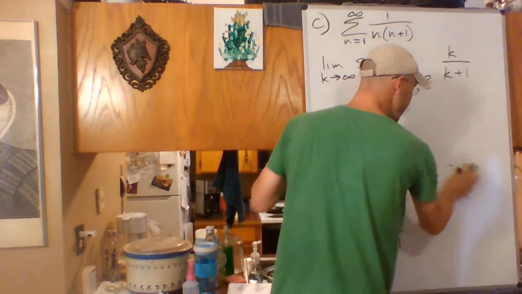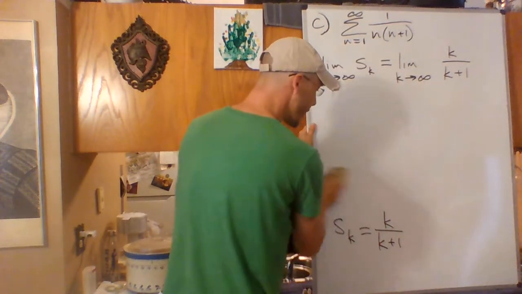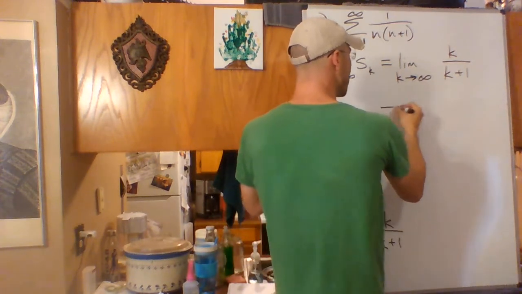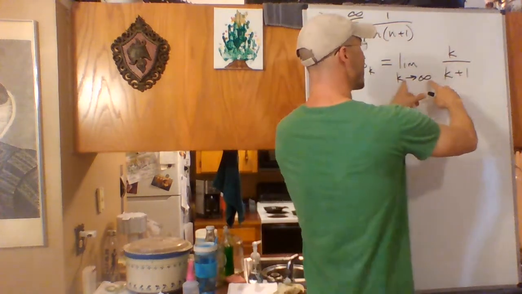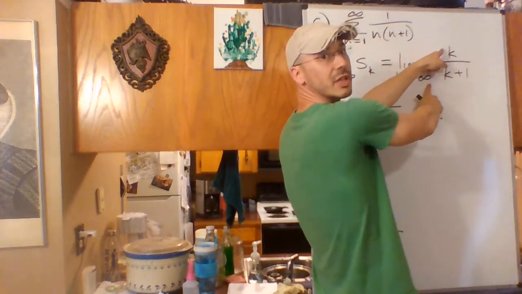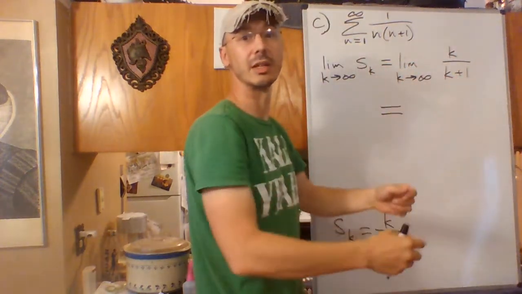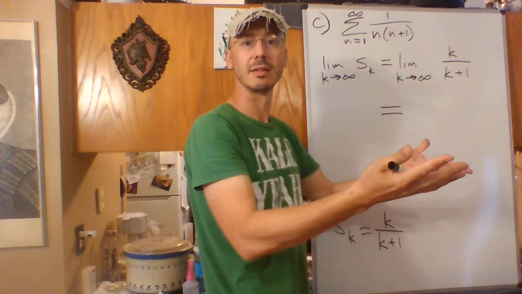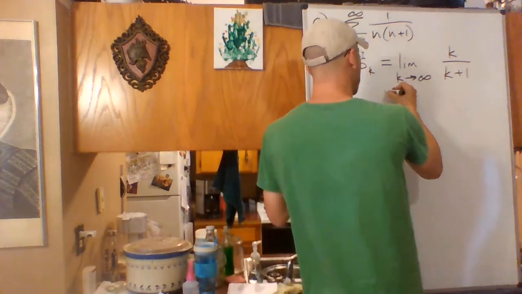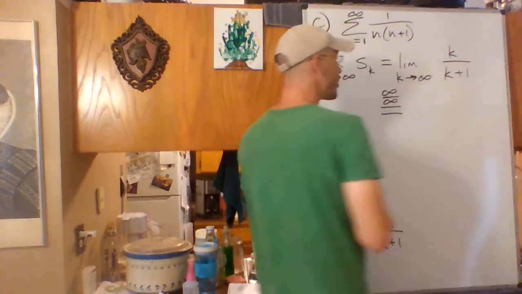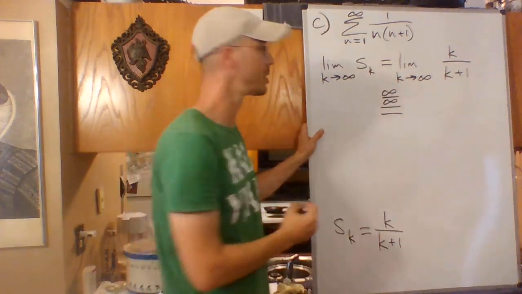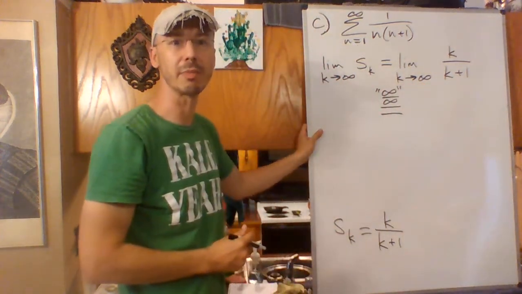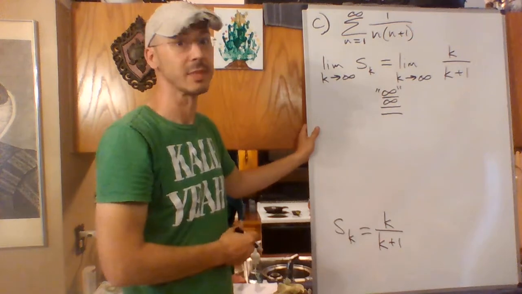We use the fractions to find our pattern, but we're using the limit to find our value. Well, that's no good. If I look at the limit of this, as k goes to infinity, k goes to infinity. But also k plus 1 goes to infinity. That's infinity over infinity. That's no problem. That's what we call infinity over infinity indeterminate form. I put it in quotes because it's not really a good mathematical expression other than it's kind of what's happening.